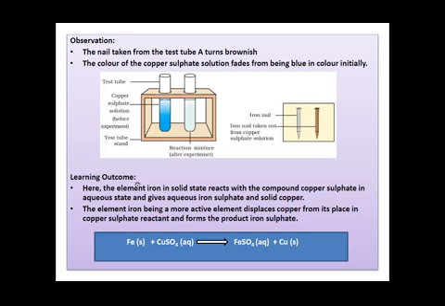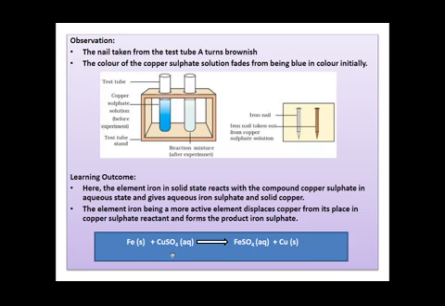So what learning outcome we get? Here the element iron reacts with the compound copper sulfate. You can see here in this particular reaction, the iron of the iron nail reacts with the copper sulfate solution and forms ferrous sulfate and solid copper. So what is happening here?